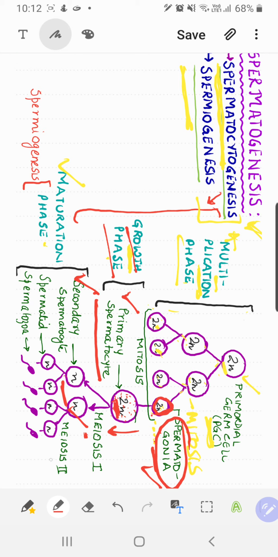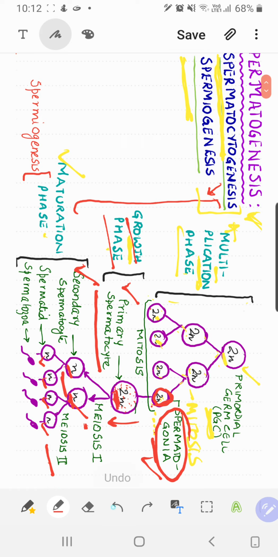Secondary spermatocyte will undergo meiosis 2. So since the parent cell has single N, obviously the offspring would also be having single N only. And once the meiosis 2 cycle is completed, the structures which are formed are known as spermatid. Spermatid.